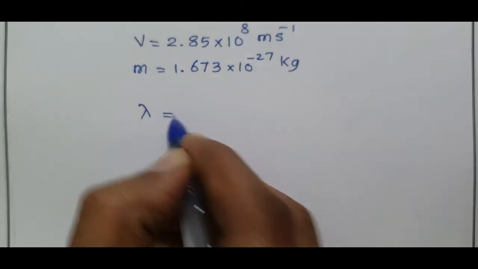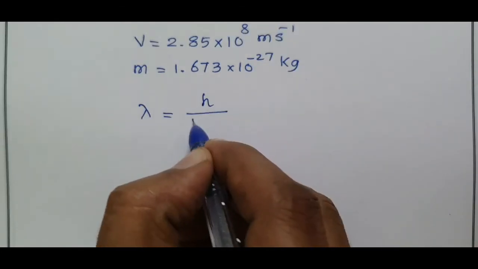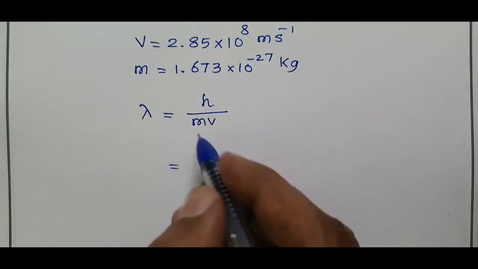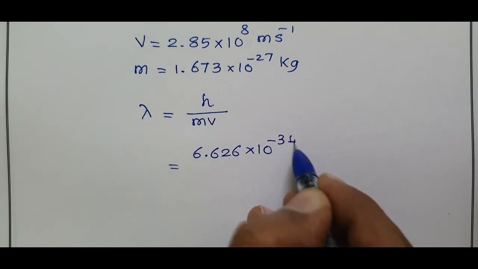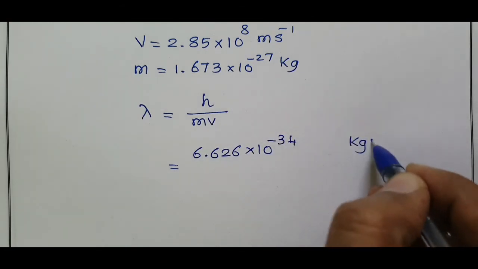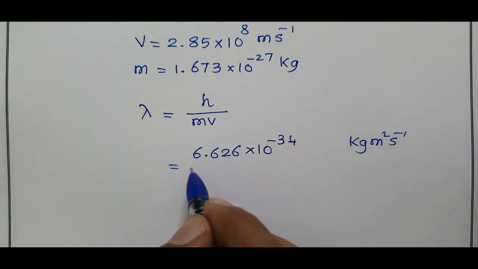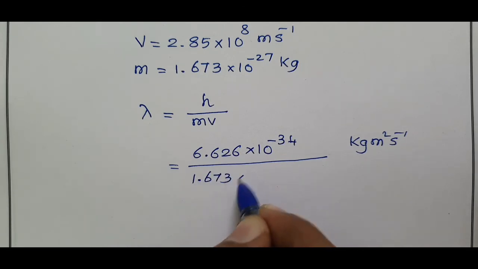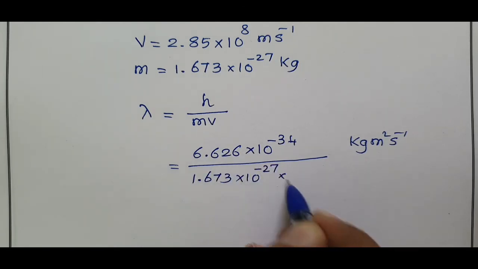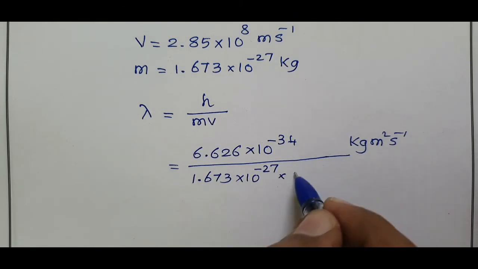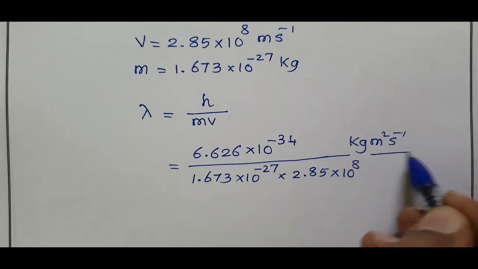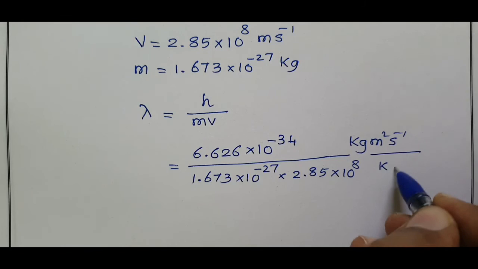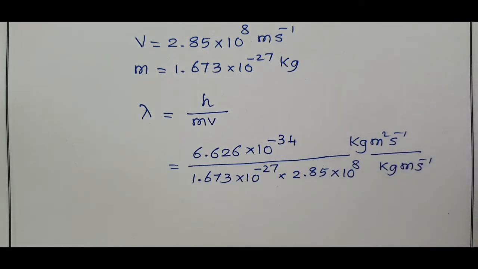We know lambda equals h divided by mv. h is the Planck constant, 6.626 × 10^-34 kg m² s^-1, divided by the m value, 1.673 × 10^-27, into the velocity value, 2.85 × 10^8, where mass is in kilograms and velocity in m s^-1.